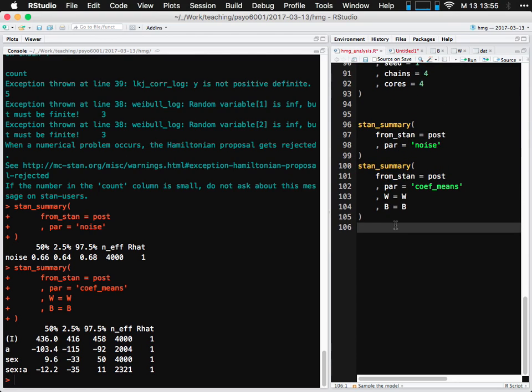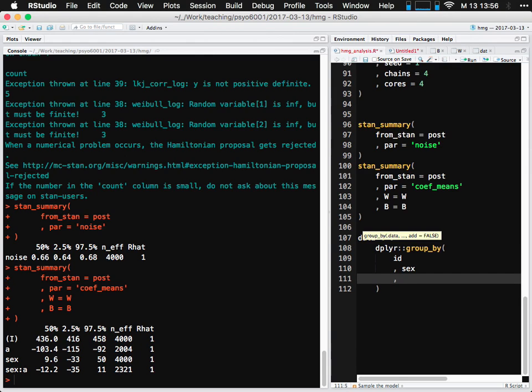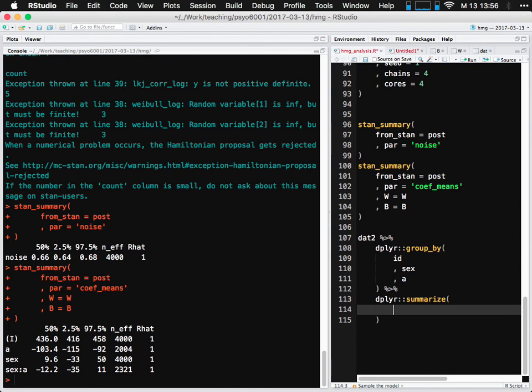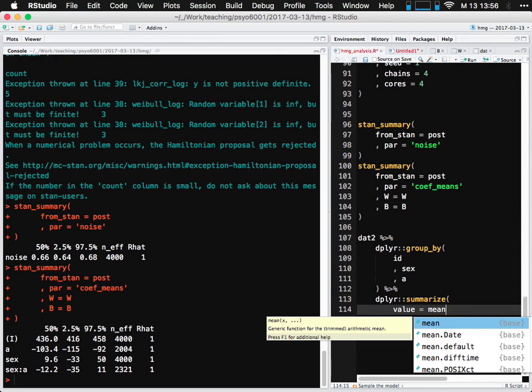I just want to stop it there, and what I'm going to do is group by ID, sex, A, so value equals mean value.